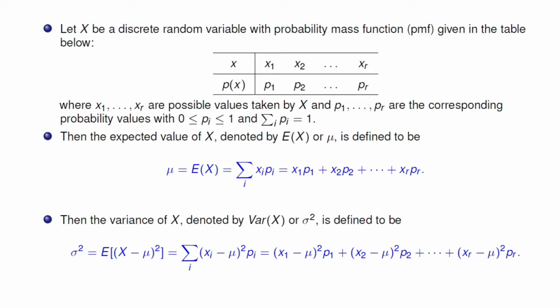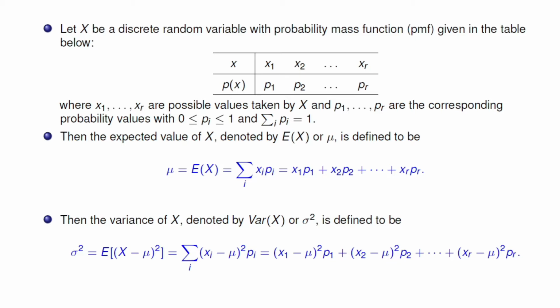Then the expected value of X, denoted by E of X or mu, is defined to be this equation. The variance, denoted by VAR, variance of X or sigma square, is defined to be this equation.